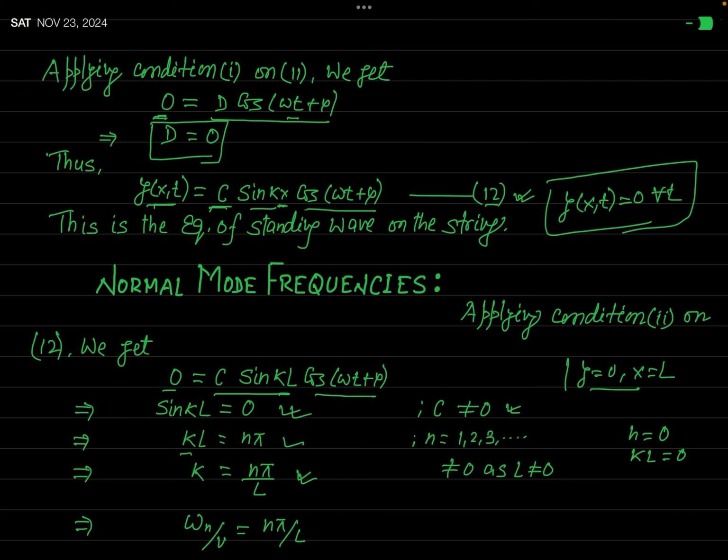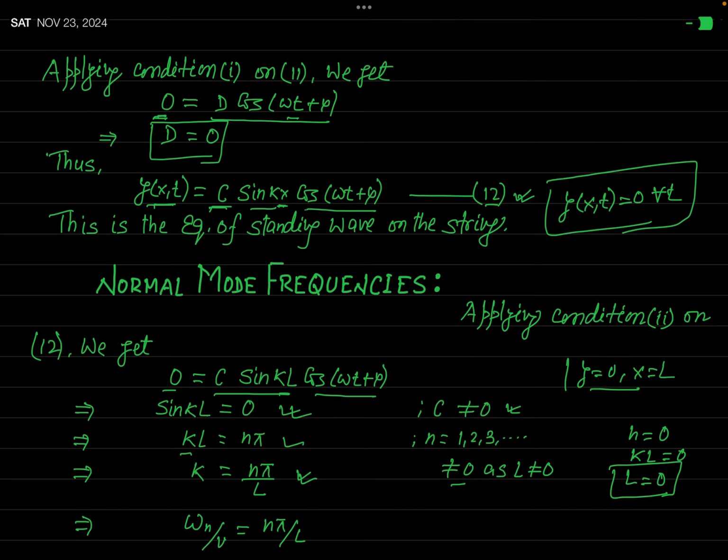Why is it not possible? Because when you take n equal to 0, you can see that L will be equal to 0. It means there is no string. This is completely unphysical. So you can't take n equal to 0. We can take n equal to 1, 2, 3, 4 and so on.